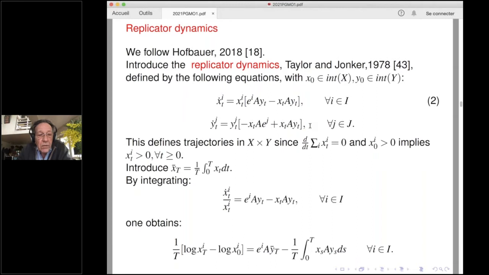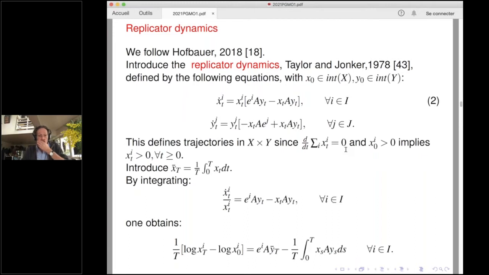So this defines a trajectory in the simplex. Okay, because if you take the sum here, you get the sum of x_i, and when you take this term, you have the sum of the x_i(t). Since you are in the simplex, the sum of x_i(t) is 1. So the derivative of the sum is 0.